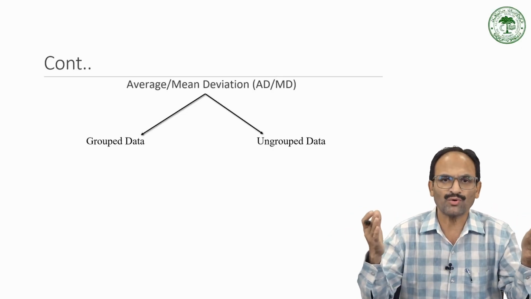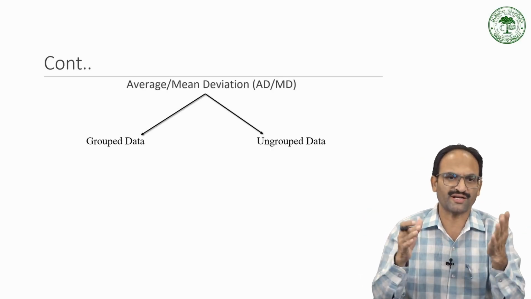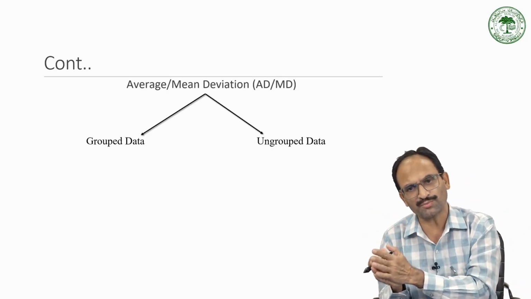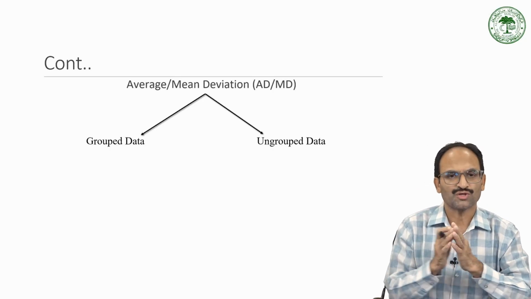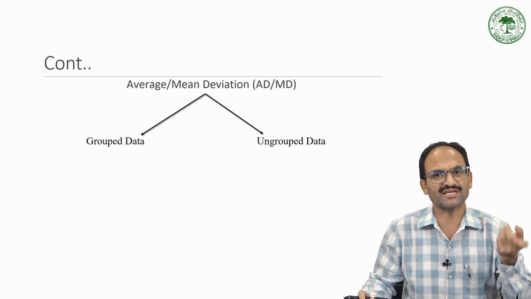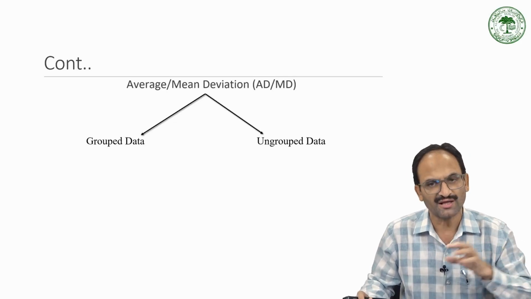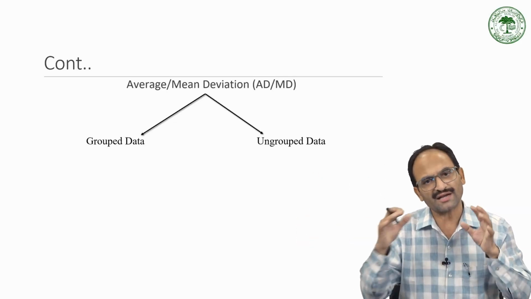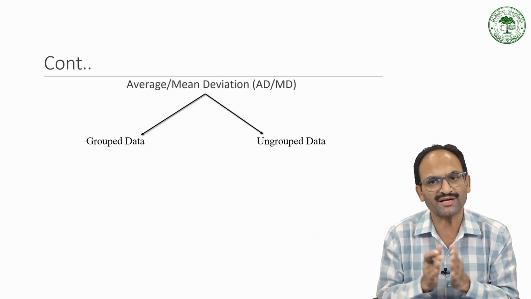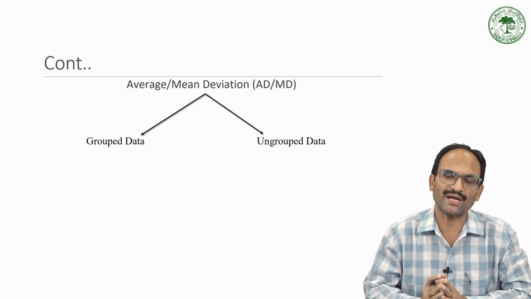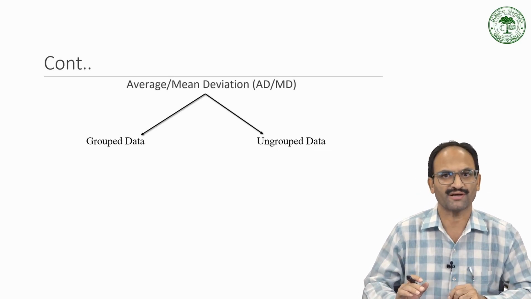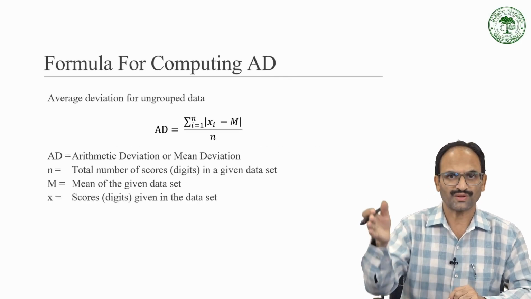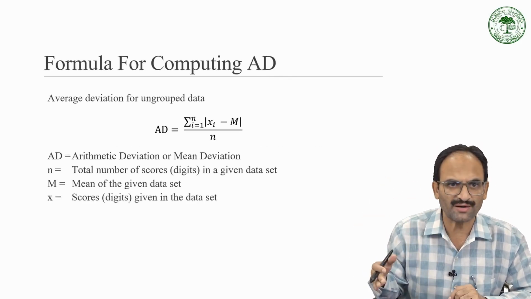We calculate mean deviation from ungrouped data, and sometimes we are required to calculate it from grouped data. How to calculate it from grouped data, we will talk about later on. At this point, we are more interested in knowing how to calculate mean deviation from ungrouped data. Let's see the formula.